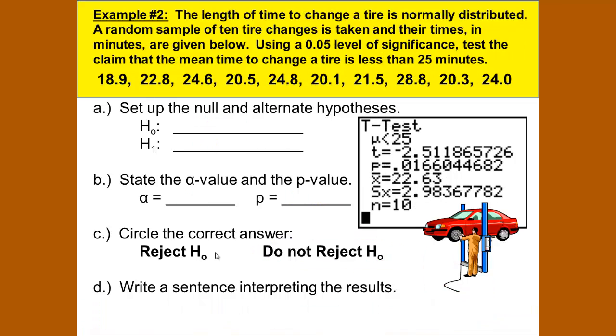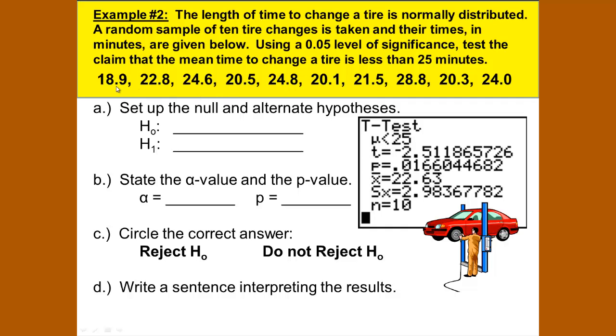Let's look at example number 2. The length of time to change a tire is normally distributed. A random sample of 10 tire changes is taken and their time in minutes are given below. Using a 0.05 level of significance, test the claim that the mean time to change a tire is less than 25 minutes.